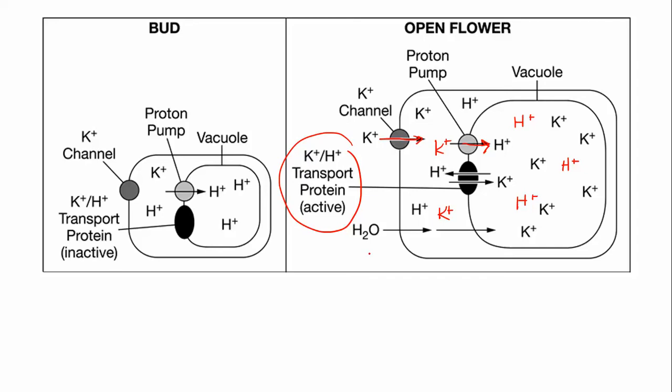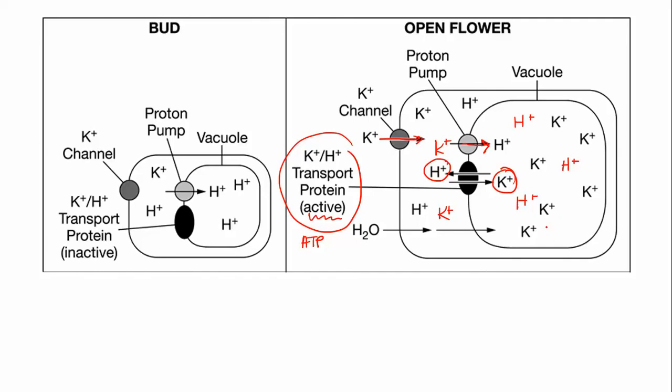It's a sodium hydrogen transport protein, and it's going to use active transport, so it's going to use up some ATP. And what it does is it actively exchanges potassium and hydrogen. So you're shoving a bunch of hydrogen into this vacuole, and you're using that hydrogen that's in there to add in more potassium.